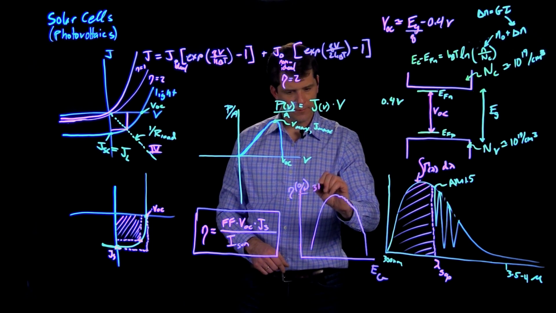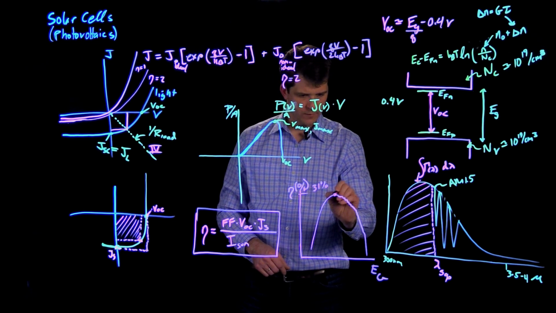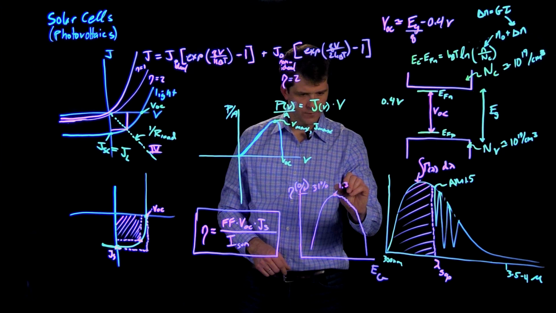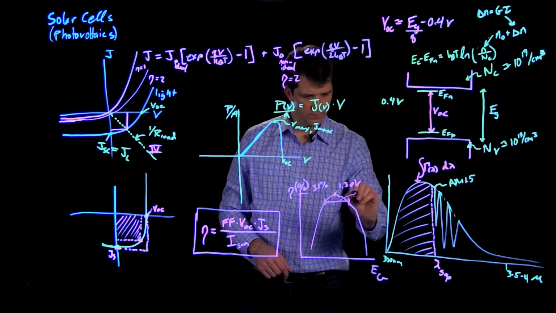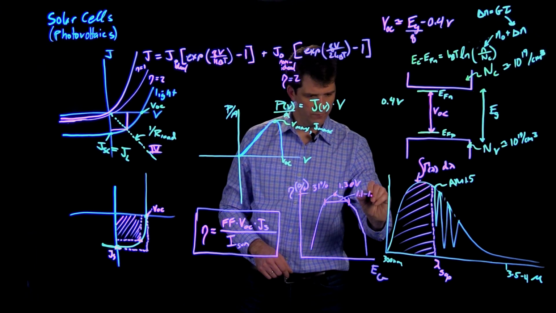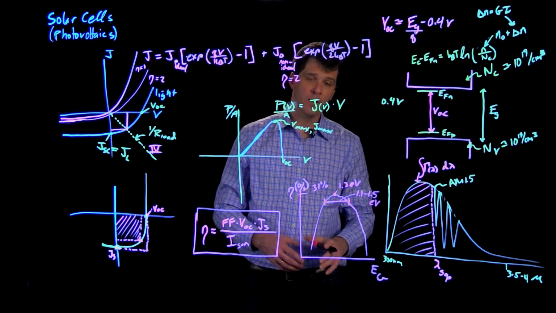It maxes out at about 31% efficiency, and that occurs somewhere around 1.3 eV, with basically the region between 1.1 to 1.5 eV giving very good performance.